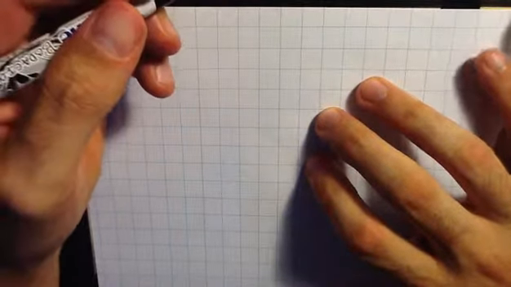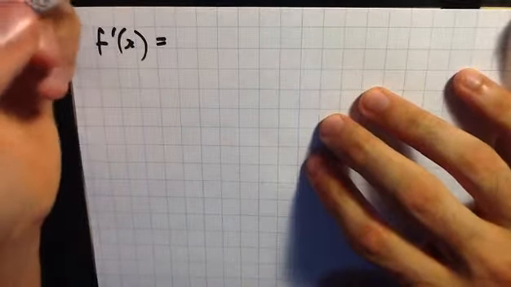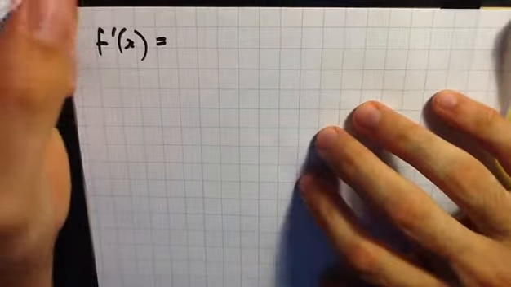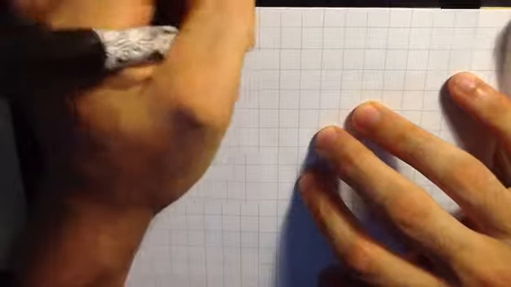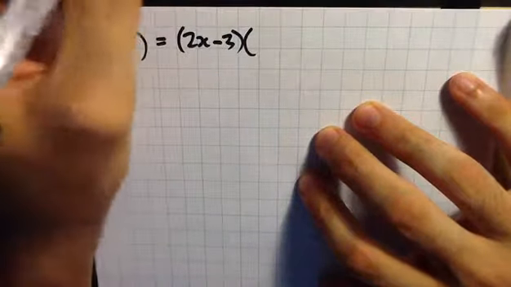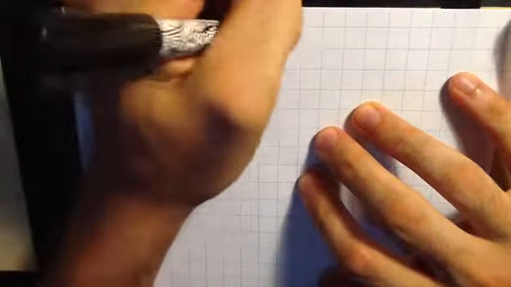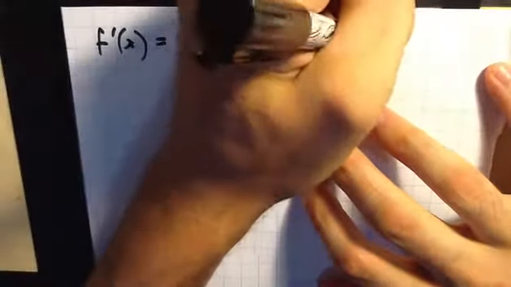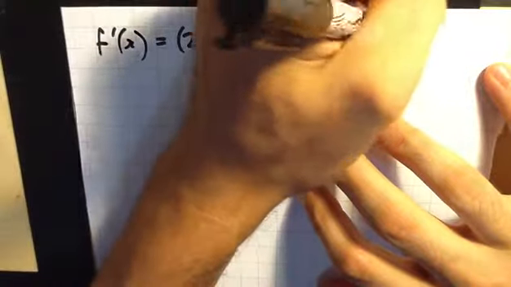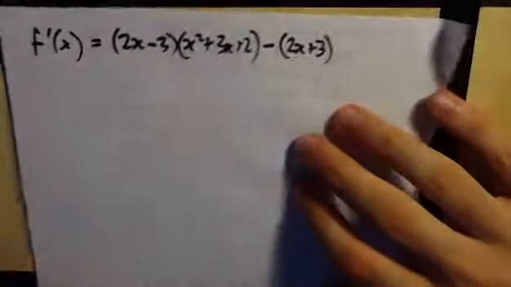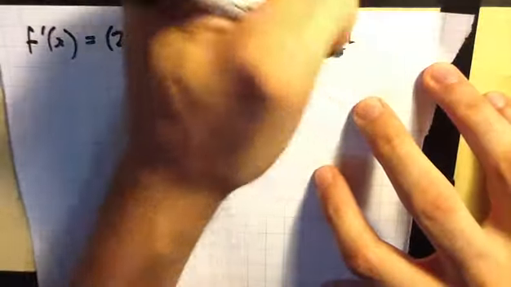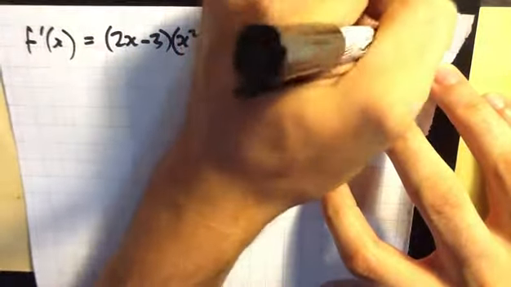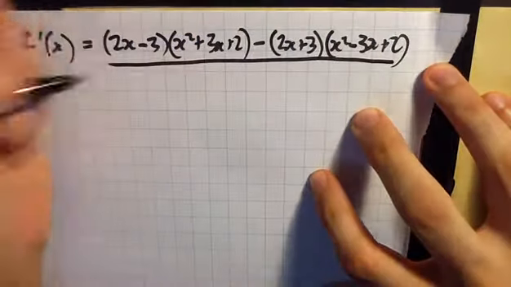I'm going to have to use the quotient rule: the derivative of the numerator, which is 2x minus 3, multiplied by the denominator, subtract the derivative of the denominator, which is 2x plus 3, multiplied by the numerator. I'm running out of room here. Quick smart. x squared, minus 3x plus 2.